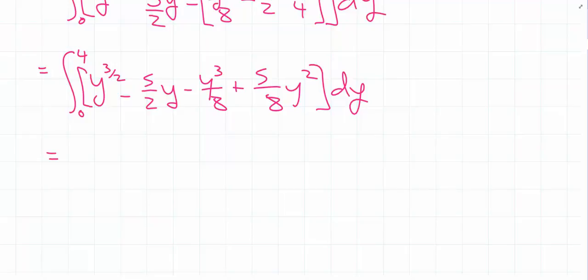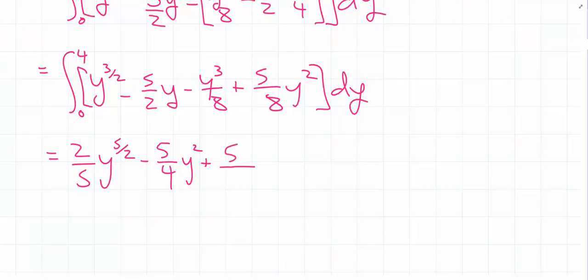First, this first integral, this is going to be 2/5 y to the 5 halves, right? This first one, because 3 halves plus 2 halves, 5 halves, minus 5/4 y squared. Okay.